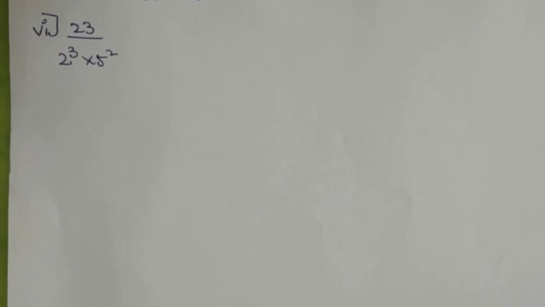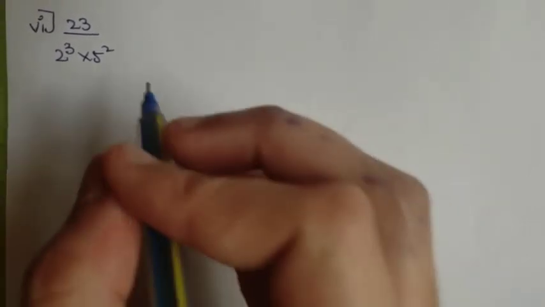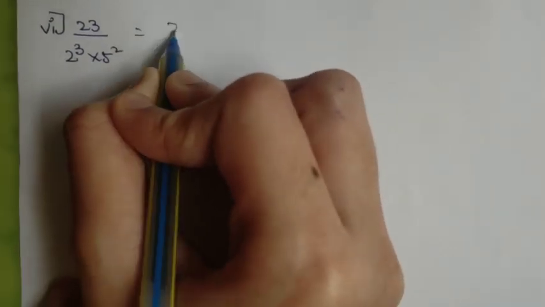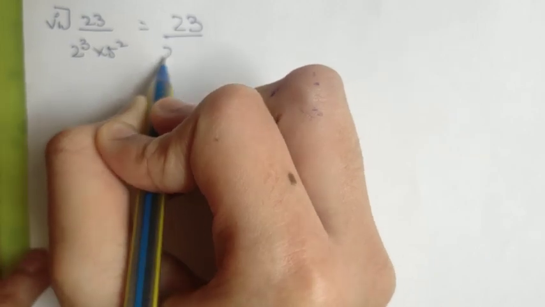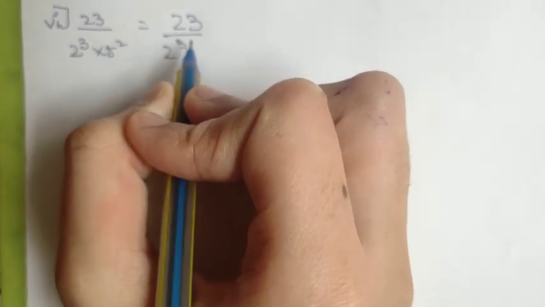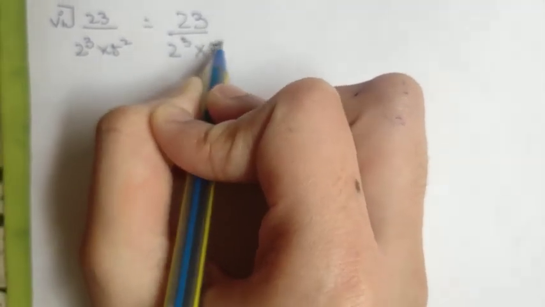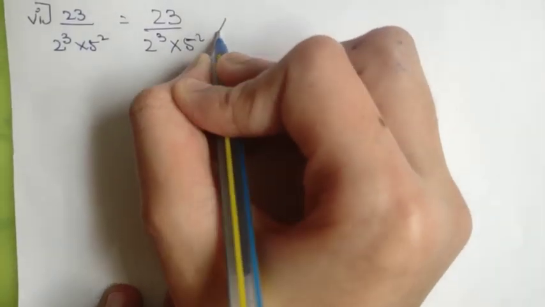So the next is 23 by 2 root 3 into 5 root 2. So here I'll write this same down here.